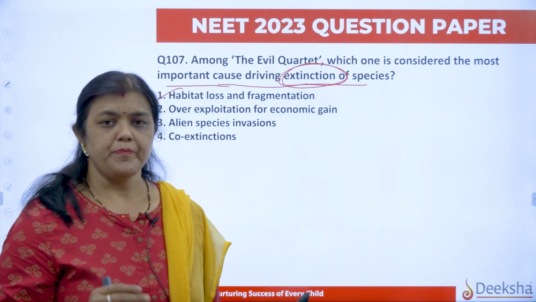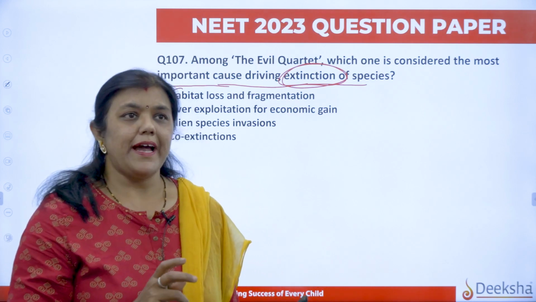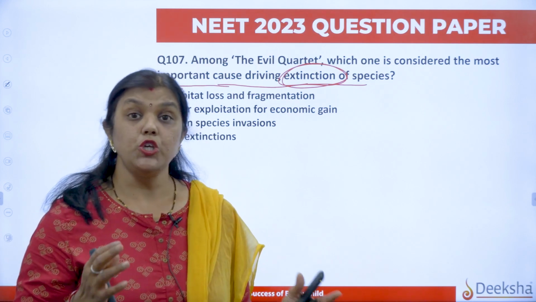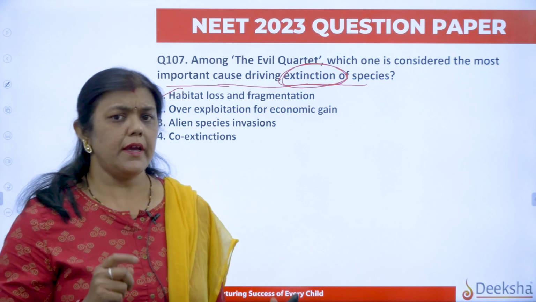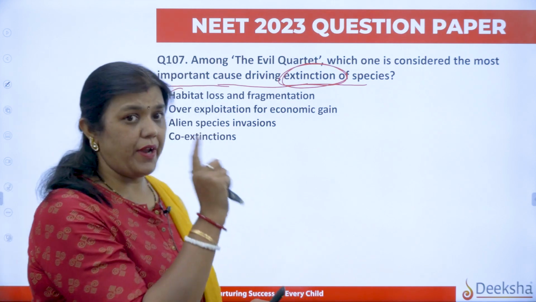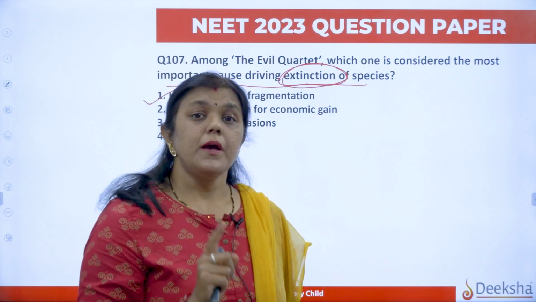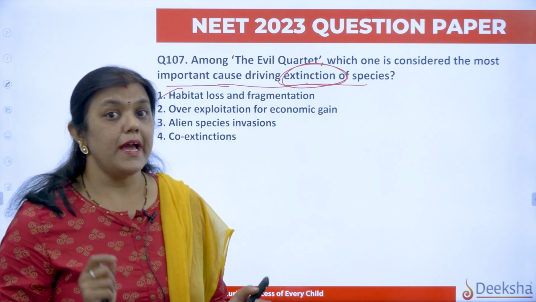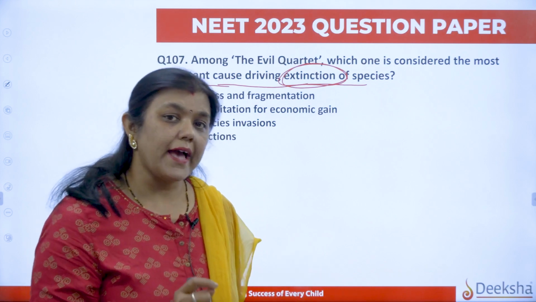And if those species are endemic, then that is a huge loss of biodiversity, right? So what is supposed to be the correct answer over here? Habitat loss and fragmentation.